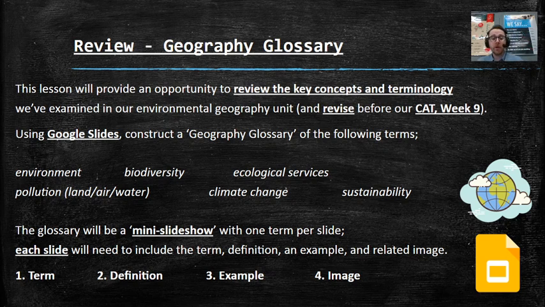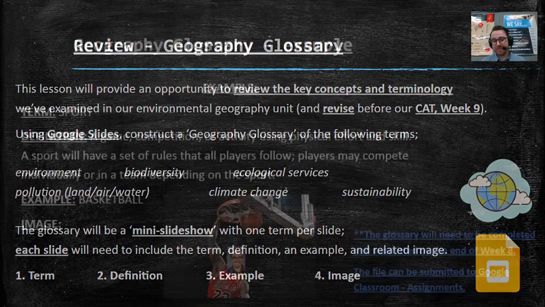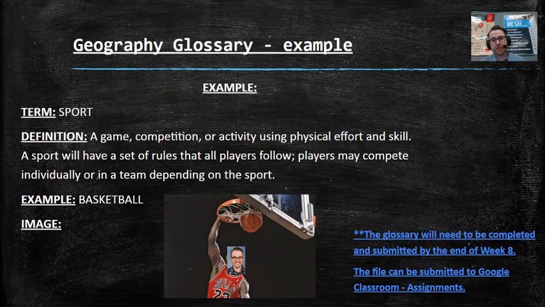Each slide will need to include the key term, a definition, so what is your definition of the environment, an example, so you could say forest environment or marine environment, and then a related image, just some trees up there. I've included an example in the next slide, so you can see I've got my key term, sport, definition, example, an image of Mr. Tapley playing basketball over the weekend, and the due date here.